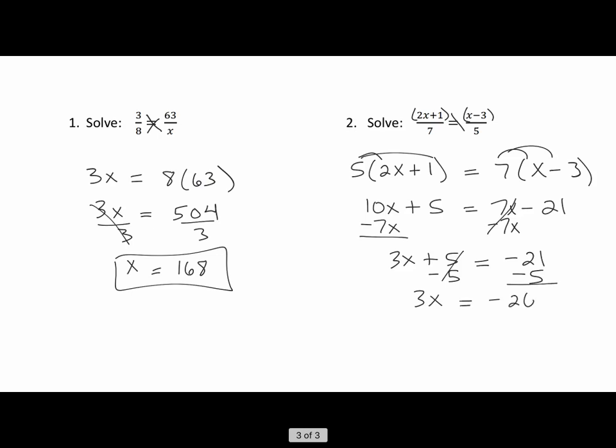And I have 3x equals negative 26. Then I just need to divide 3 from both sides to get just x on the left and negative 26 thirds on the right. I can definitely check that in the equation to make sure that that's true, and that is my solution to the equation.